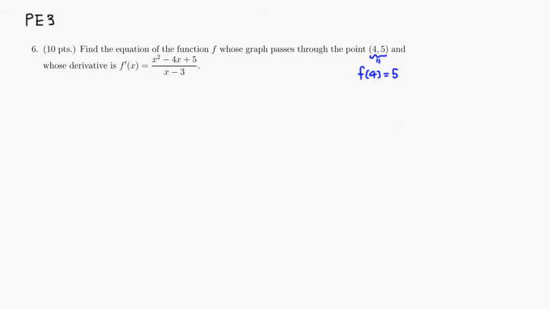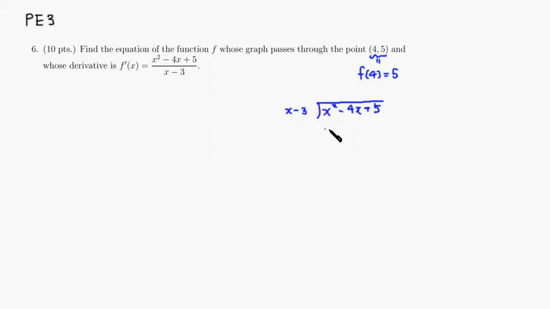Before we do that, we need to simplify this derivative using long division. So let's do that. You have x squared minus 4x plus 5, and we are dividing that by the denominator, x minus 3.